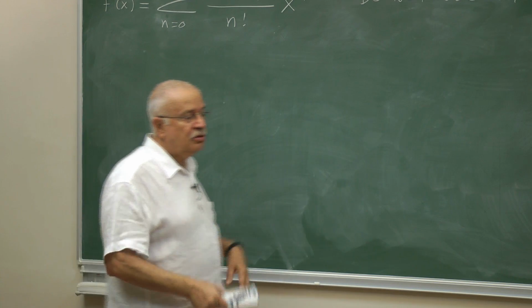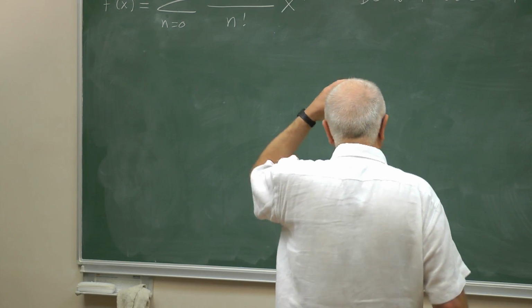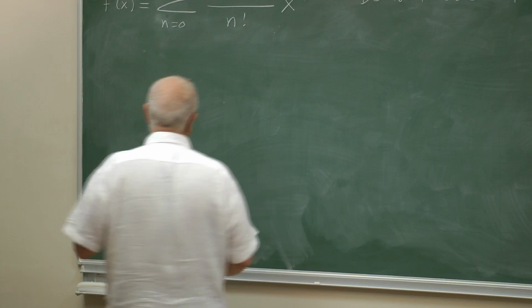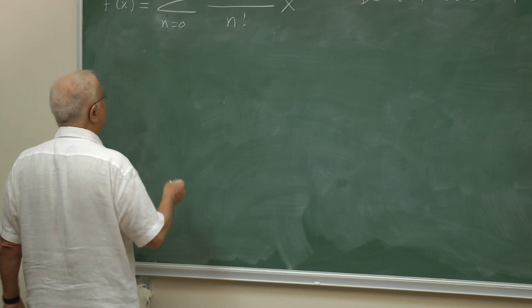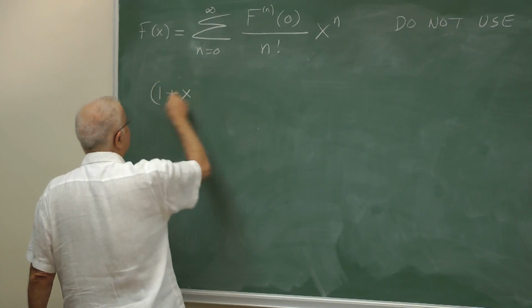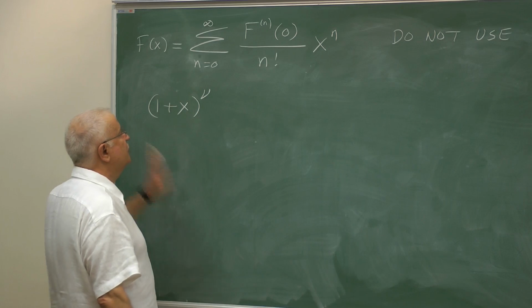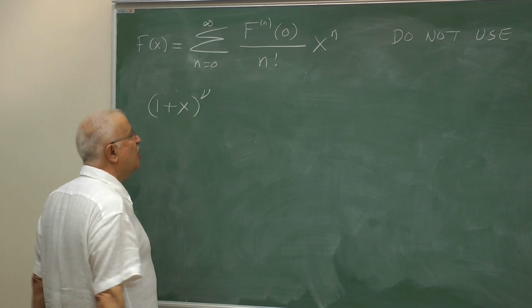So what do we do? We give up the idea of expanding x to the power, let's say, nu, but we do 1 plus x to the nu. Nu is some non-integer power.